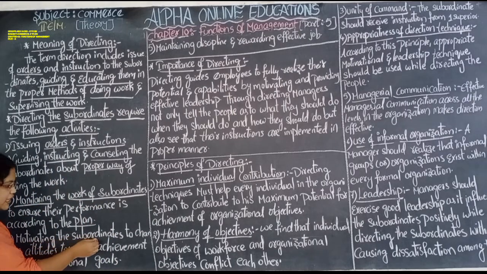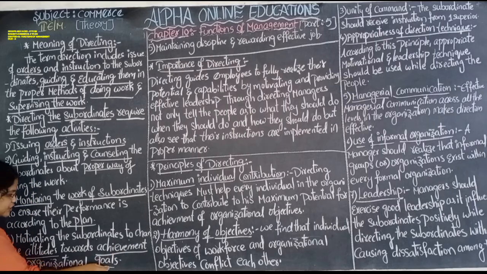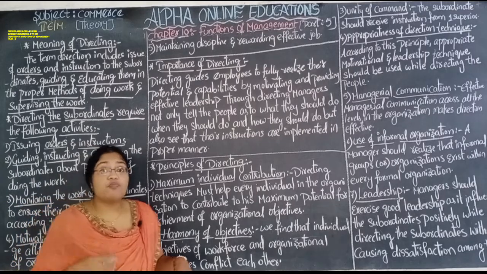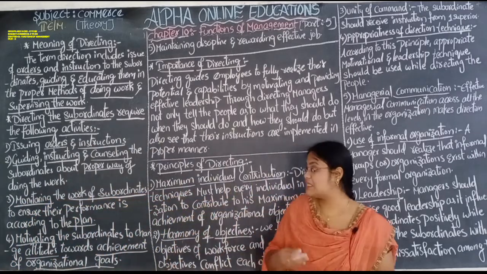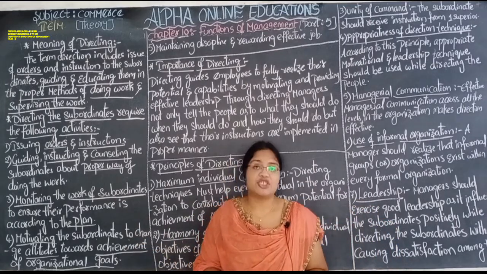Motivating the subordinates to change attitudes towards achievement of organizational goals. So what does the superior or management have to do? They have to motivate the subordinates to achieve the organizational objectives.